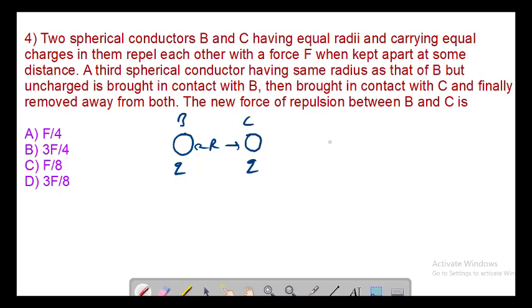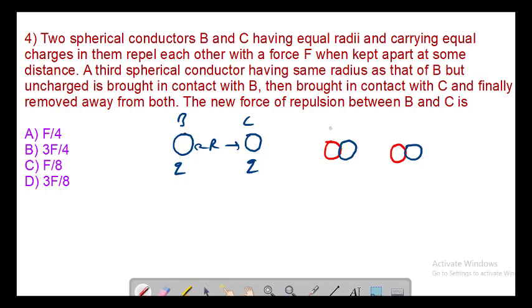First we bring it in contact with B. This conductor is uncharged, but when it comes in contact with B, some charge will be transferred, and the same conductor is again brought in contact with C, and then it is removed. So again there will be some charge distribution.